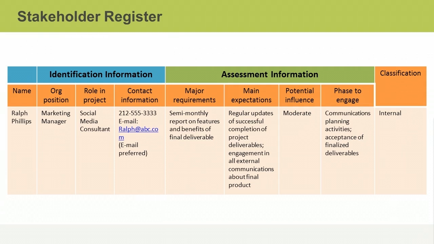For example, record the type of report or information that corresponds to each requirement, such as schedule status reports for stakeholders who require the project finish on time, or earned value reports for the CFO who expects a certain margin of profitability. Record the person's potential influence over the project. For stakeholders with moderate to high levels of influence, record communications that will promote a high level of satisfaction, such as regular phone calls or meetings in person.